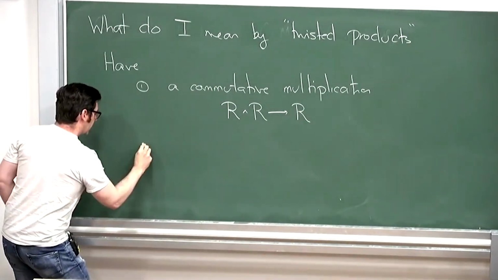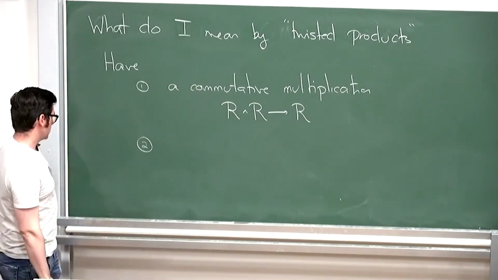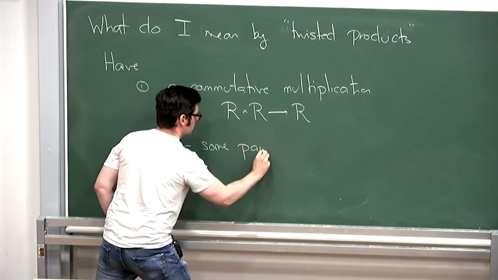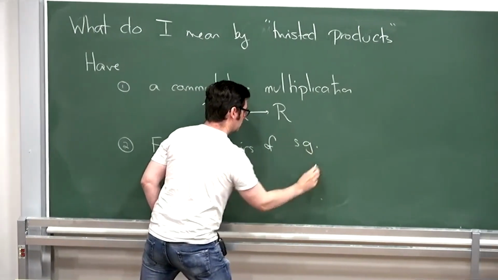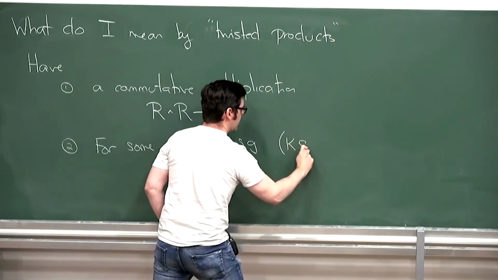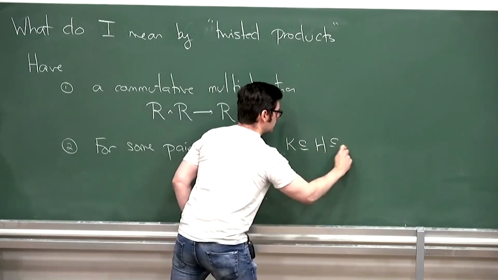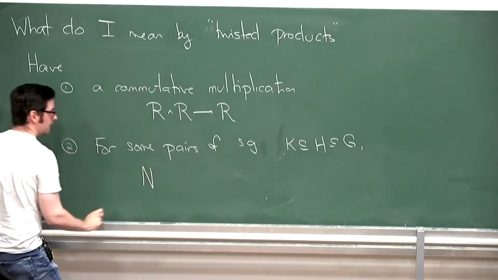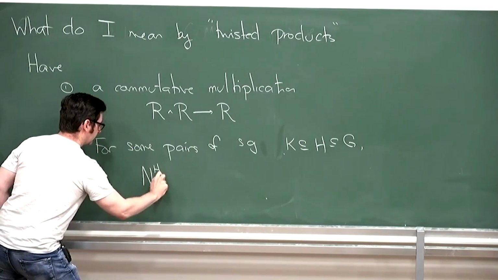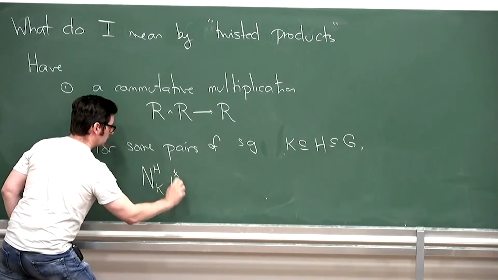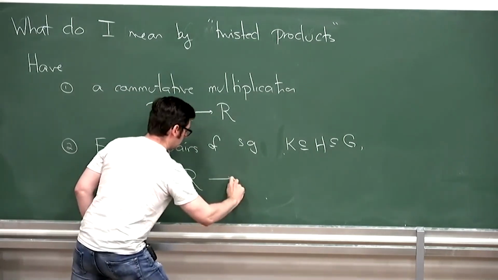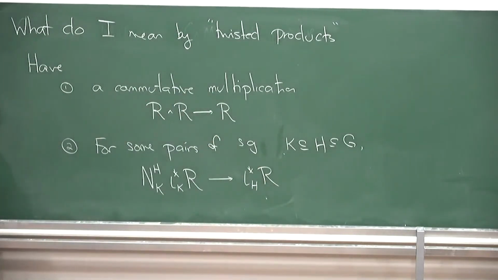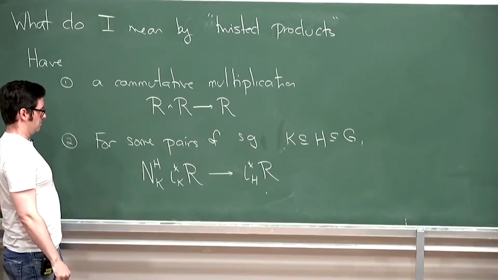But then I also want to have some collection of twisted versions for some pairs of subgroups K inside H, inside G. I want to have maps that look like the norm from K to H of the restriction to K of R back to the restriction to H of R. And these should have nice properties.